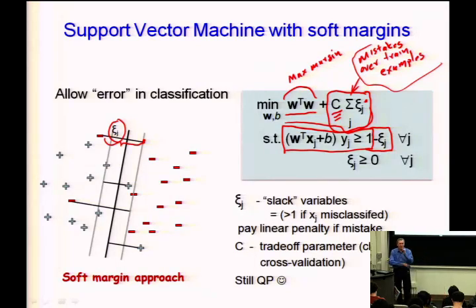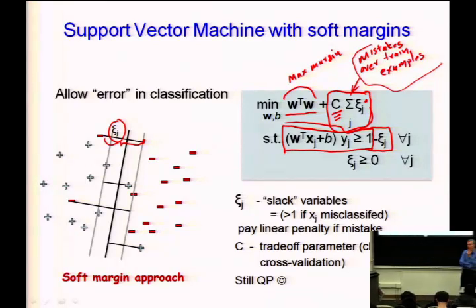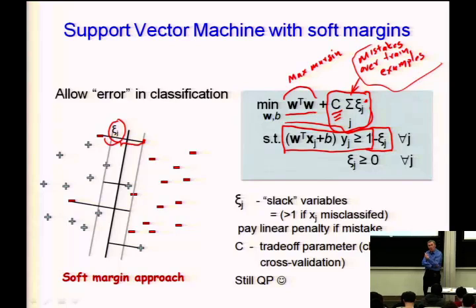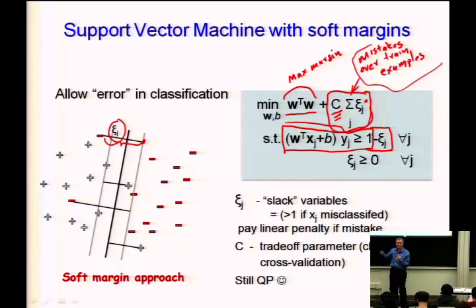How does it help you predict future errors? What we've said so far does not help us predict future errors. But our classification rule using this is identical to the one we had before. It's still wx plus b, and whether the answer is above 0 or below 0.